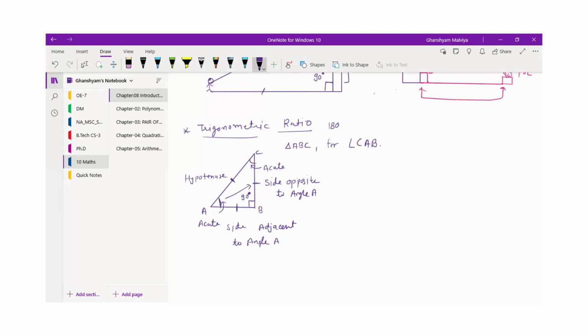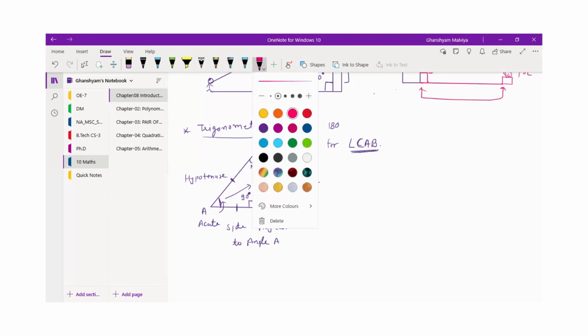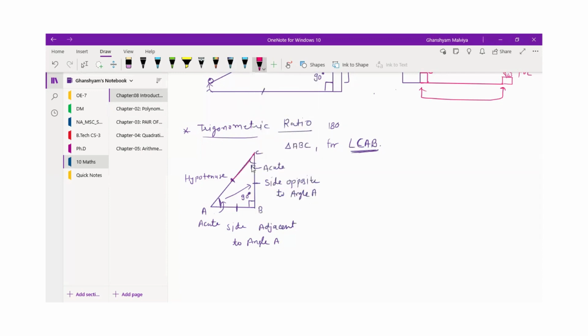So BC is the opposite side and AB is the adjacent side, if I take angle CAB as the reference angle.